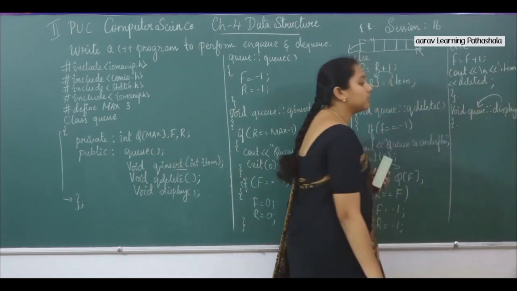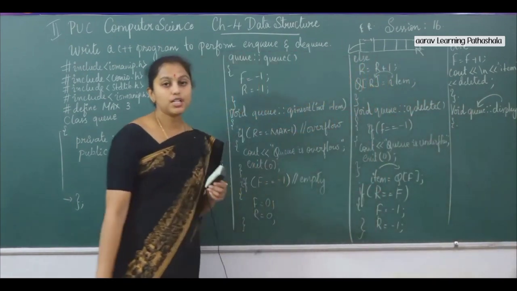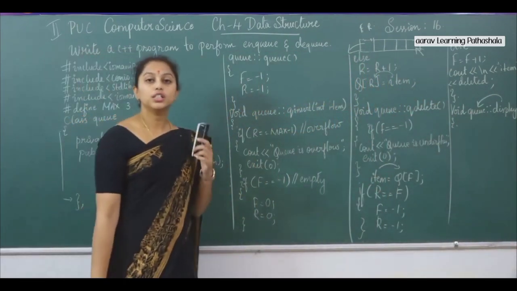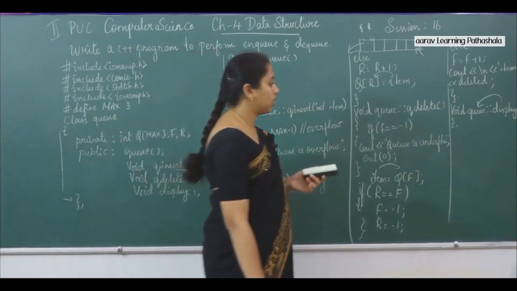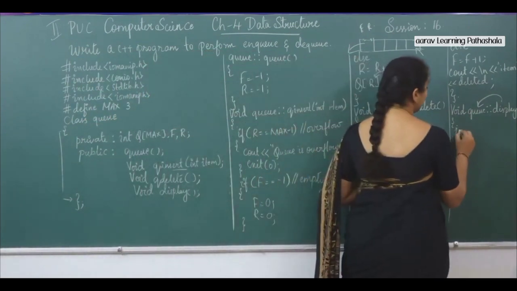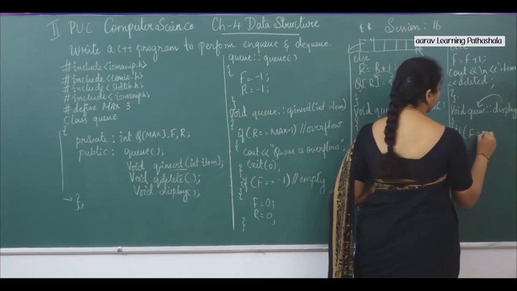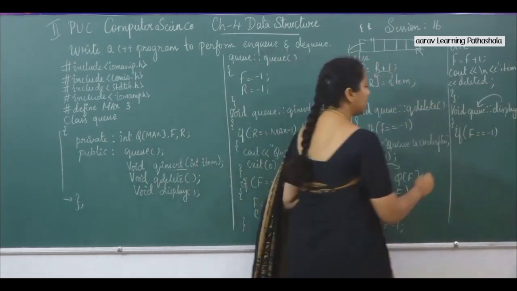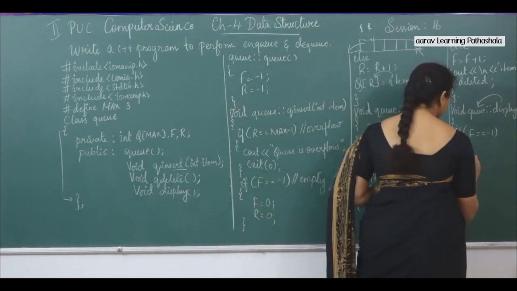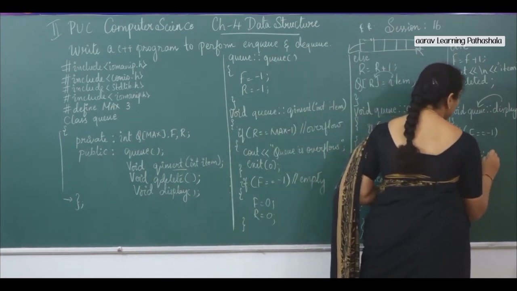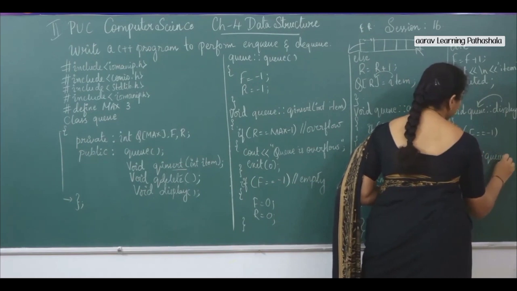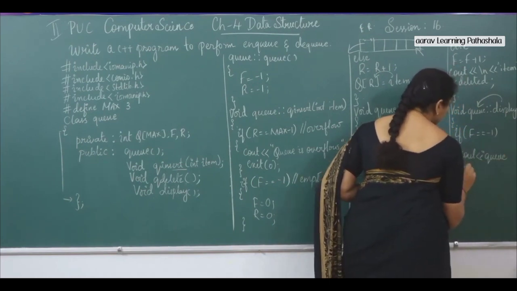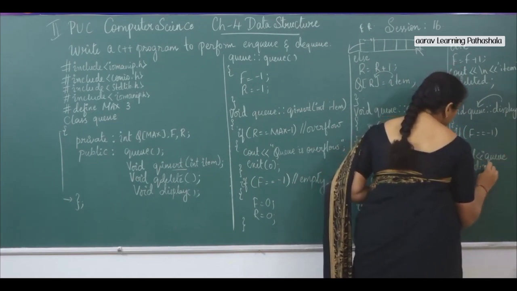While displaying the contents of the queue, first we have to check whether the queue is empty or not. For that we check the condition: if front is equal to -1, then using a cout statement I am going to print "Queue is underflow".